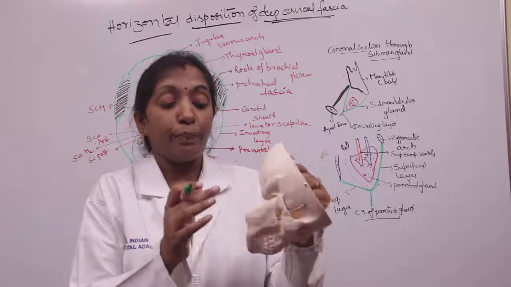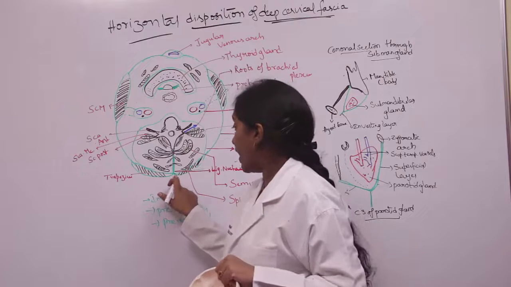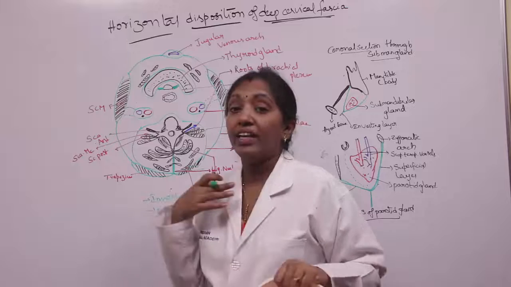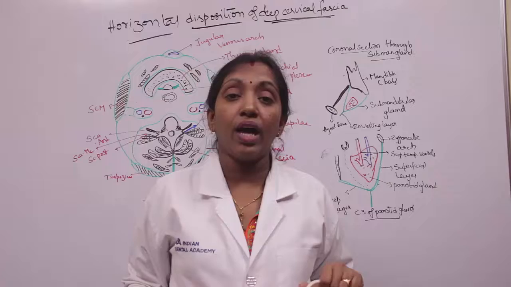Behind, it is attached to the ligamentum nuchae, and in front it is continuous with the similar fascia of the opposite side, and it is attached to the hyoid bone.